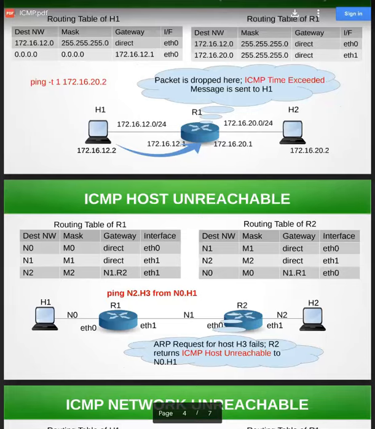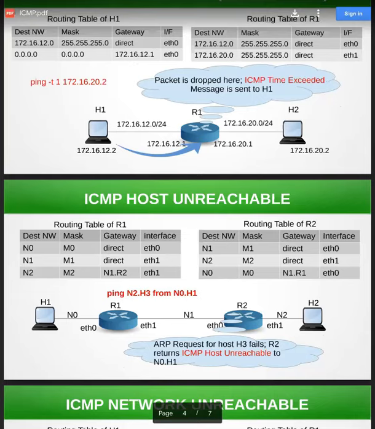We know there is a network ID and a host ID. So if I say N0.H1, it means that N0 is the network ID and H1 is the host ID. Similarly, N2 is the network ID and H3 is the host ID. But in our network here, we cannot see any host called N2.H3.